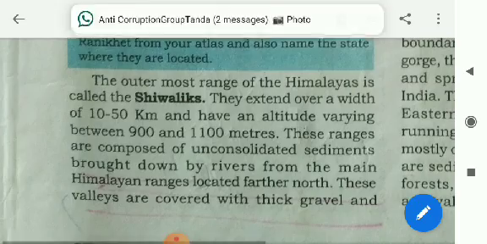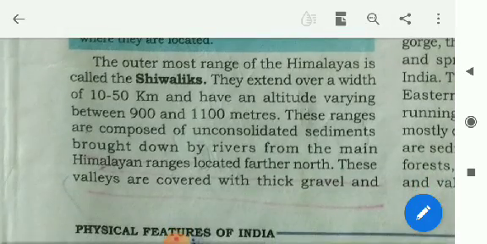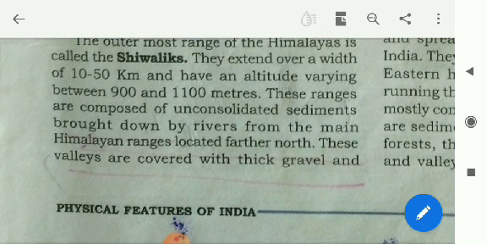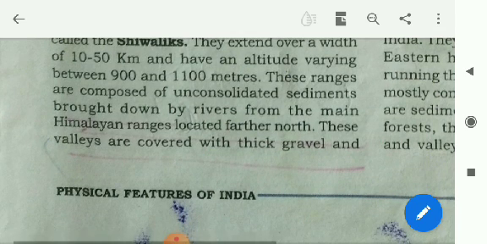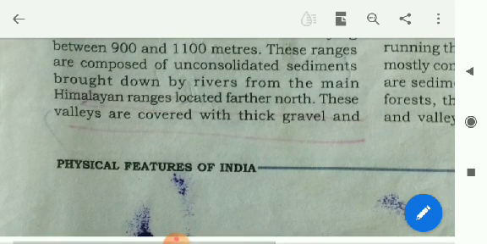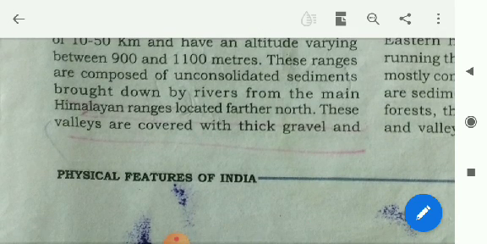The outermost range of the Himalayas is called the Shivaliks. They extend over a width of 10 to 50 km and have an altitude varying between 900 and 1,100 meters.